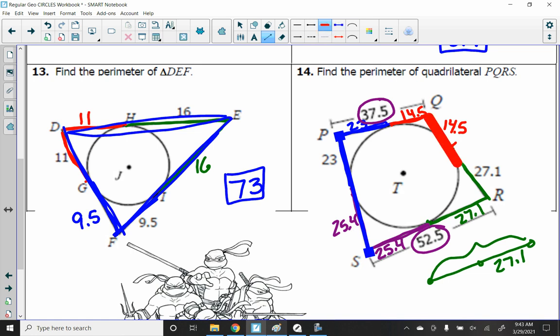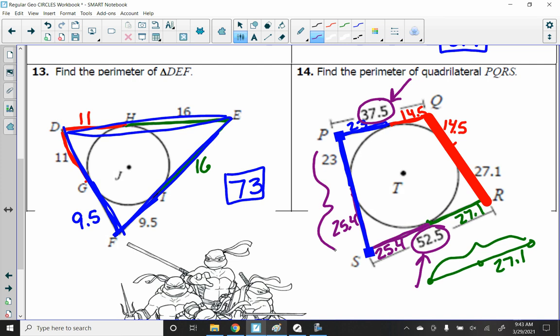And this whole side here would be a sum of the 14.5 and 27.1. These two numbers make that side, and these two numbers make that side. Adding all that up, you should actually get a perimeter of 180 even.